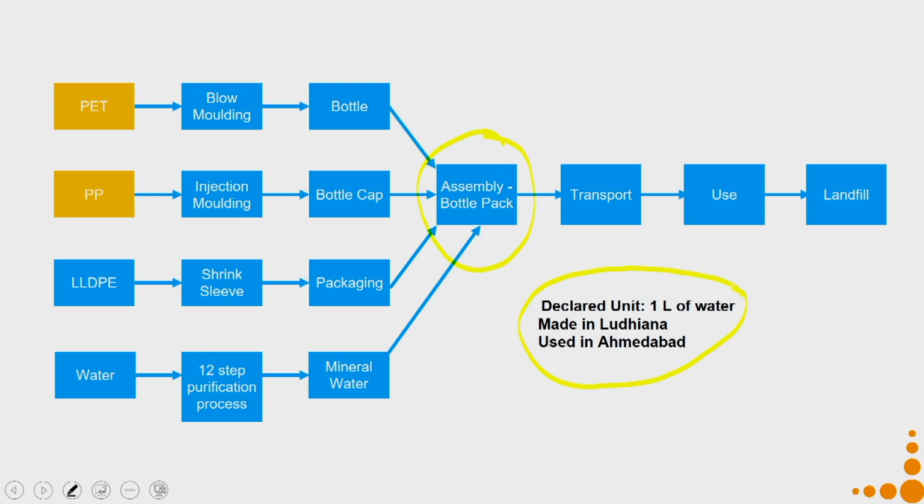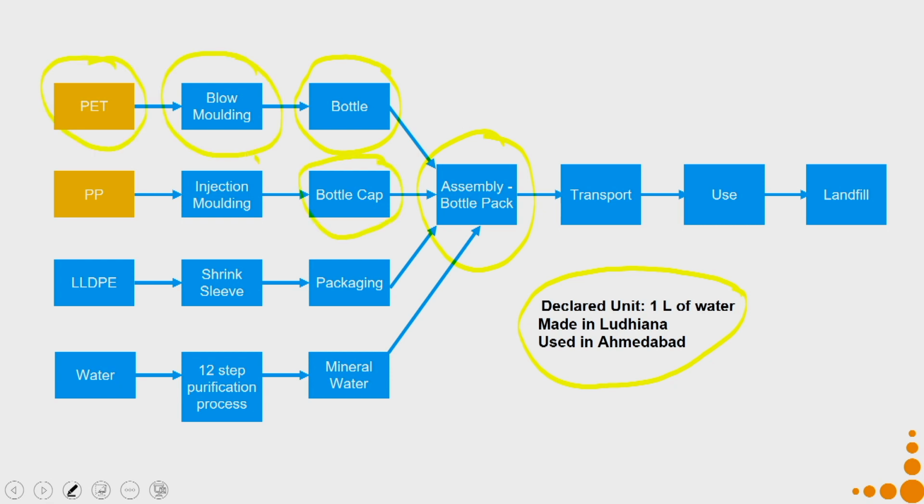So, keeping that declared unit, I talk about my assembly of bottle pack. It will consist of the bottle itself. In case of the polyethylene terephthalate PET bottle, the bottle will be made of PET, that is the plastic material, and it will be made by a process called blow molding. Then the bottle will have to have a cap.